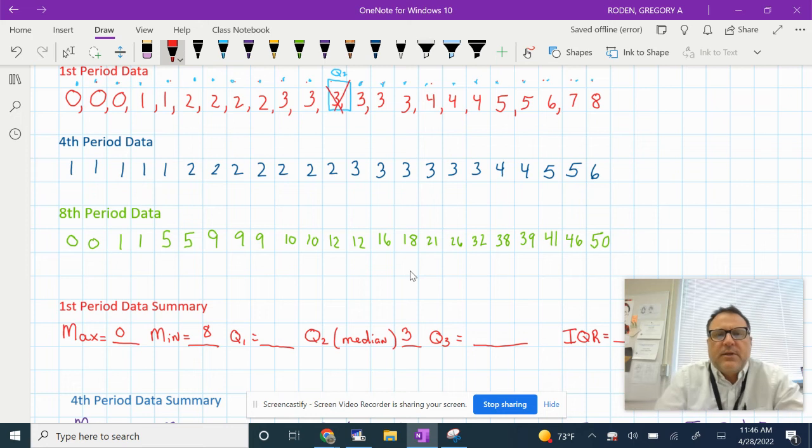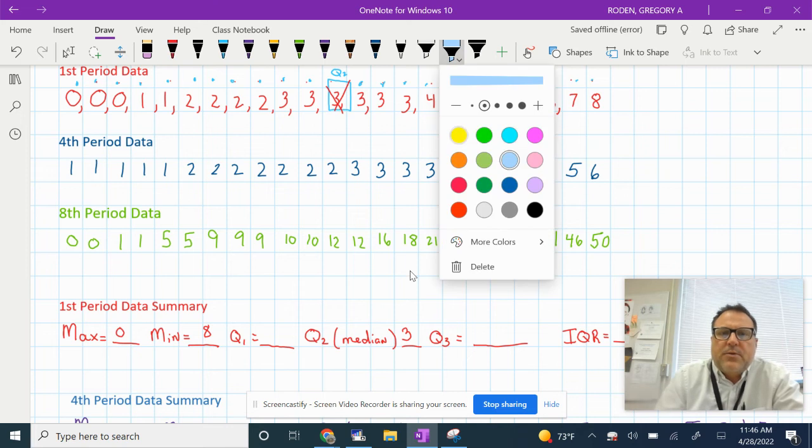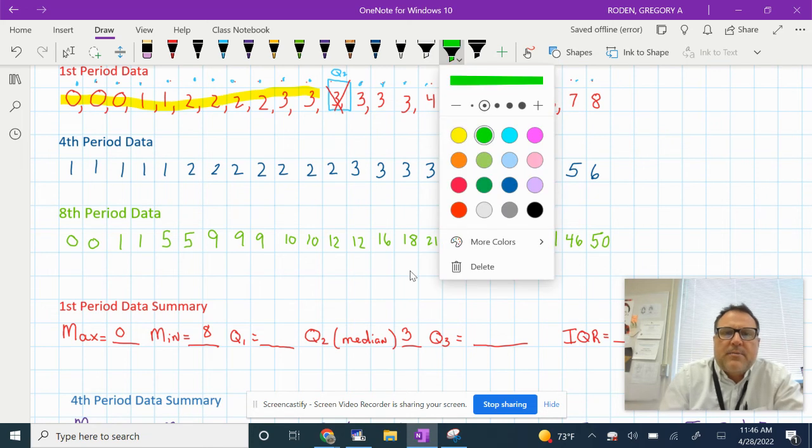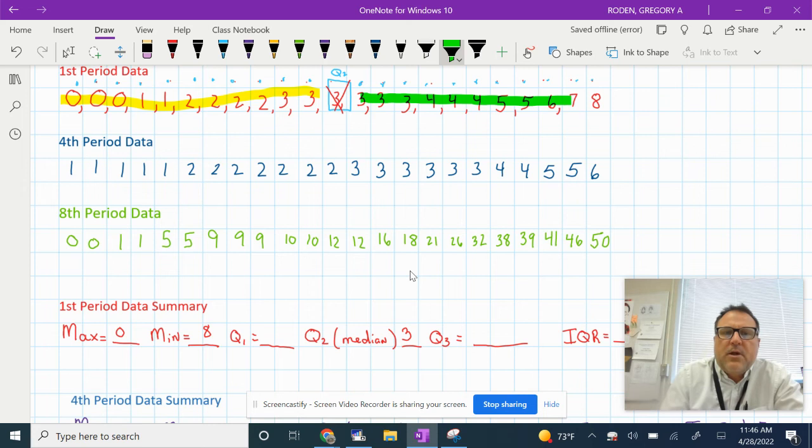If that number itself is the median, not halfway in between, we don't want to use it anymore. So now I'm going to break the data up into my lower numbers, as we talked about yesterday, and the upper numbers. To find my Q1, I'm going to find the median of my lower numbers.